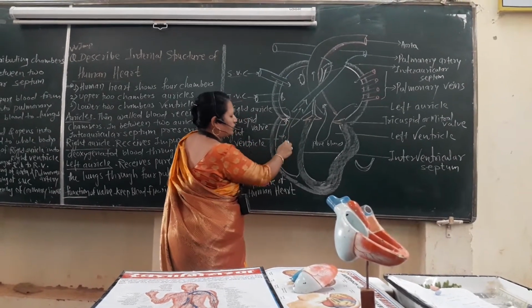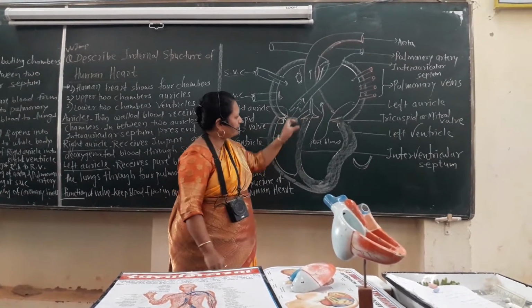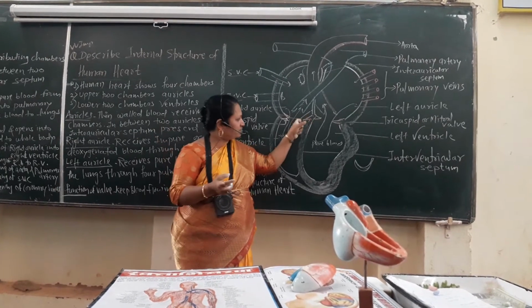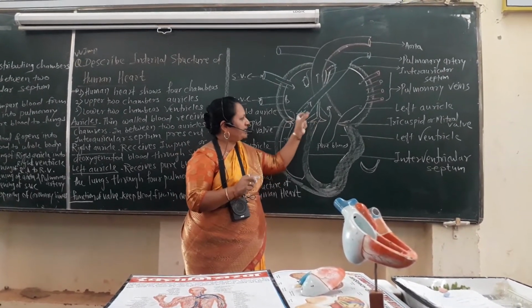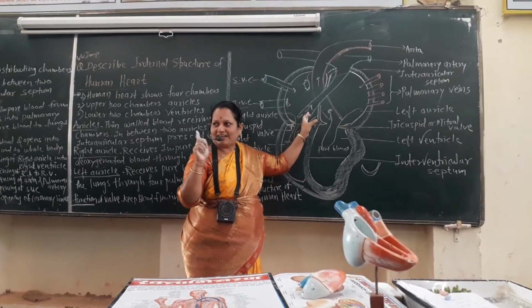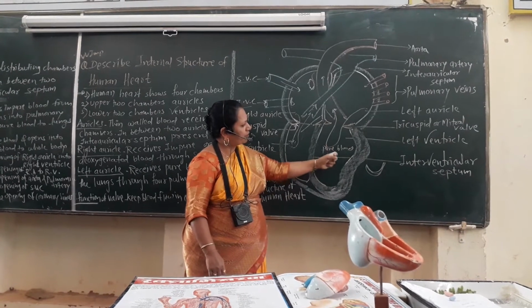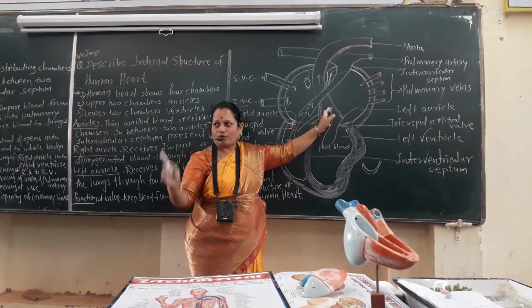The blood in the right ventricle enters into the pulmonary artery only. At that time, semilunar valves of pulmonary artery are open. When the tricuspid valve gets closed, the only opening for the blood to enter is the pulmonary artery. When this ventricle contracts, pure blood from the left ventricle enters into which part? Aorta.